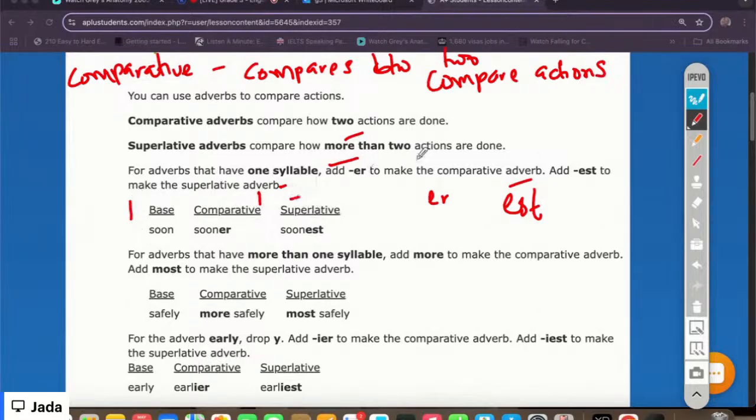So we have soon, sooner, soonest. Soon just has one syllable, so we add er and est. So if the adverb is one syllable, take note that you add er and you add est.